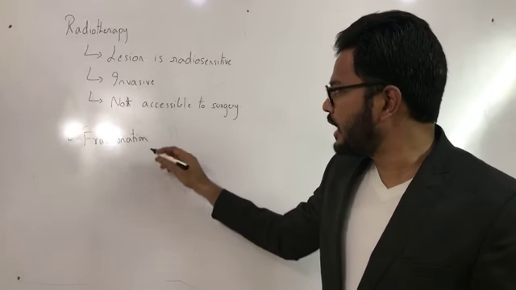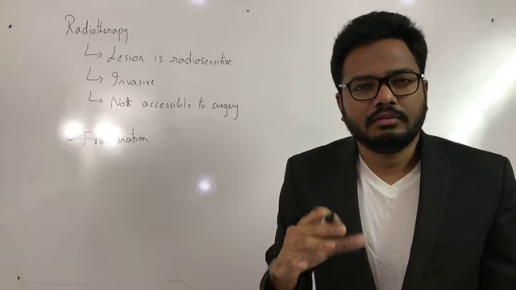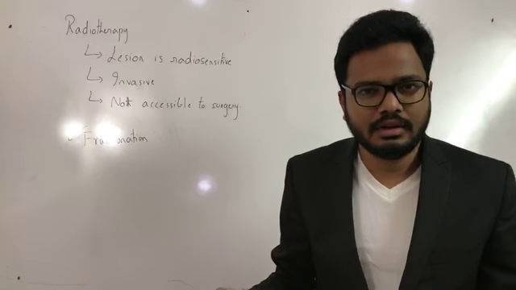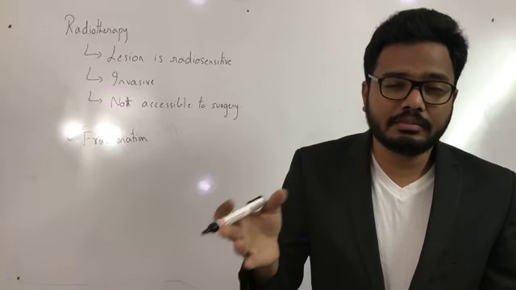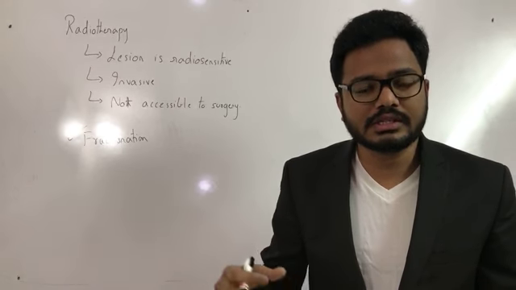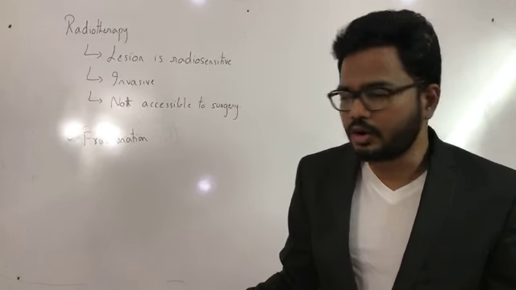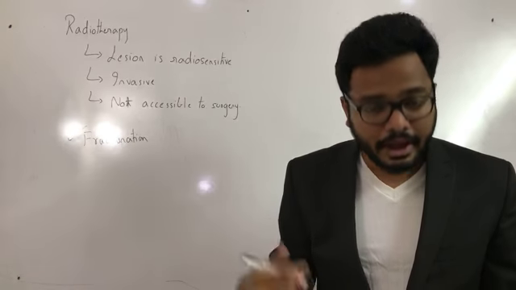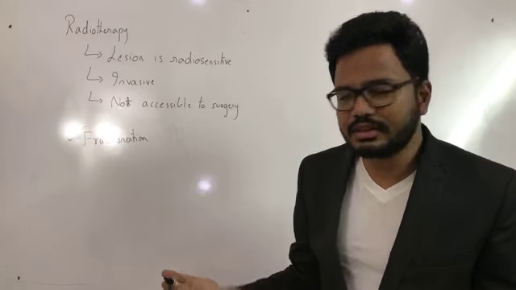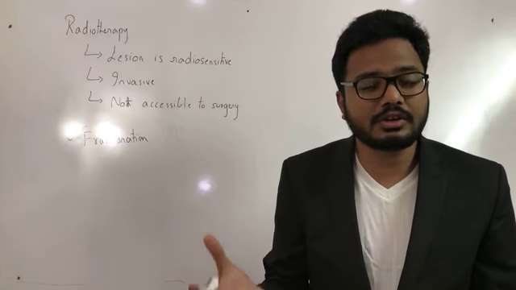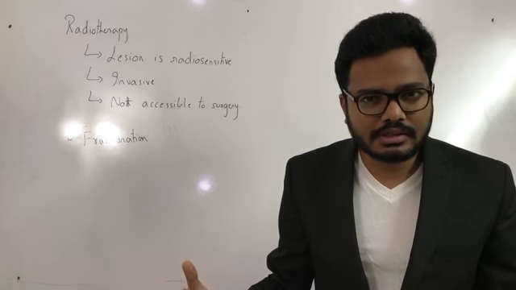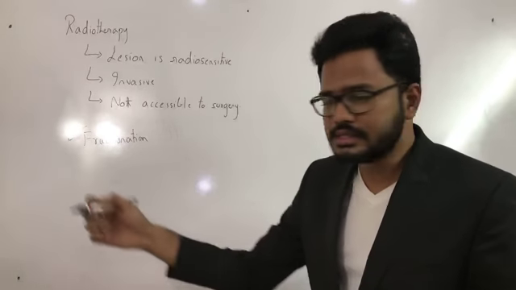The advantage with fractionation is that there is increased cellular repair, and this cellular repair is seen better in normal cells compared to cancerous cells. So in the process, more cancer cells can be destroyed using fractionation. The second advantage is increased oxygen tension within the tumor mass. As a result, it makes the tumor mass more radiosensitive, right?